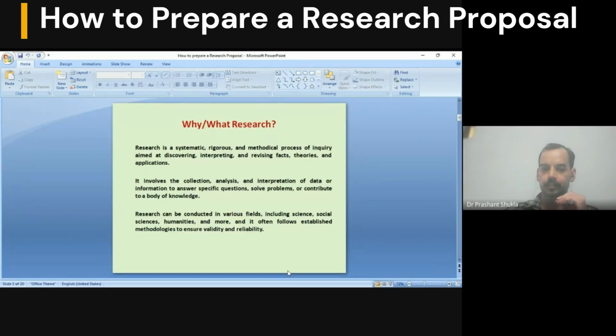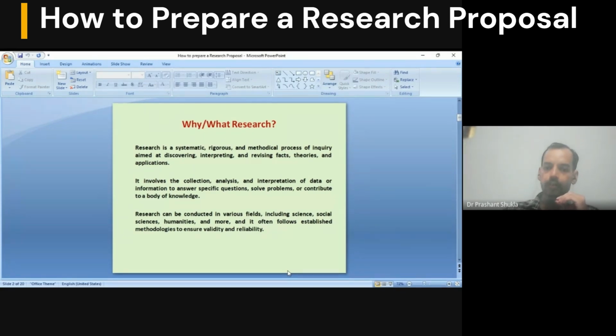What research? Why research? As we have already discussed, research is a systematic, rigorous, and methodical process of inquiry aimed at discovering, interpreting, and revising facts, theories, and applications.